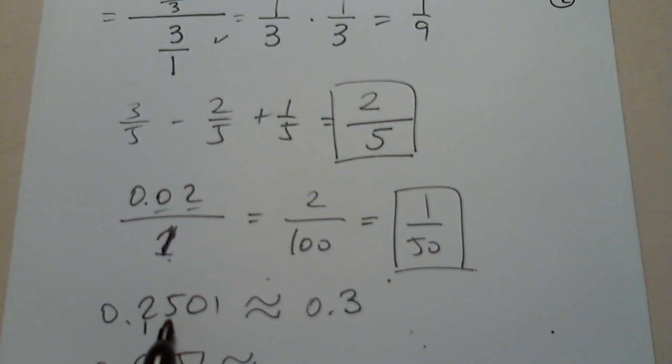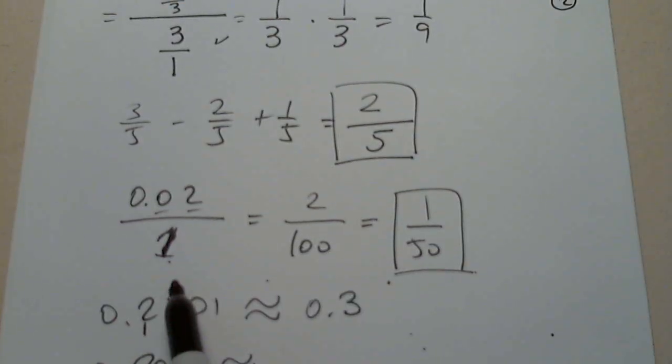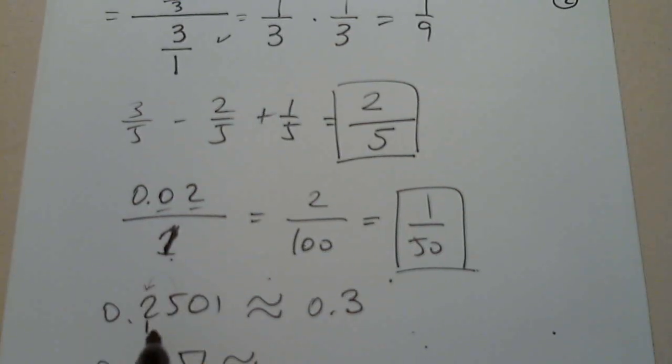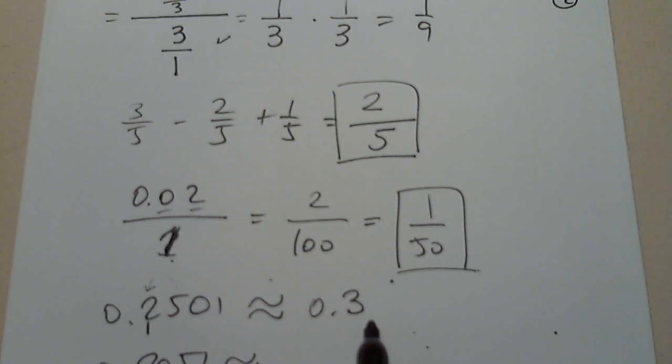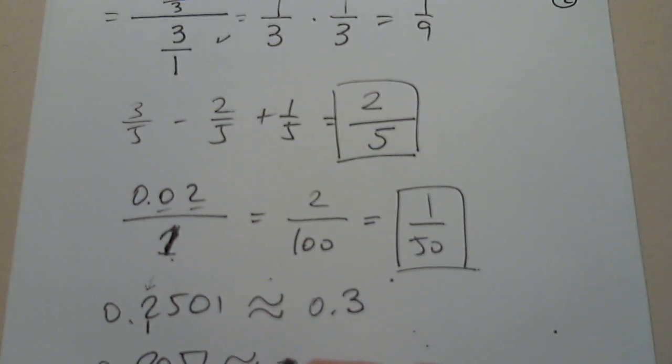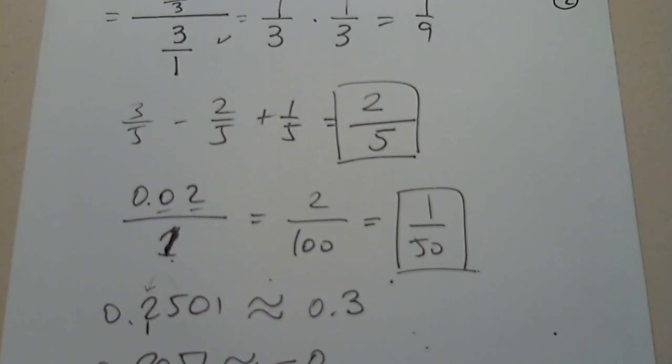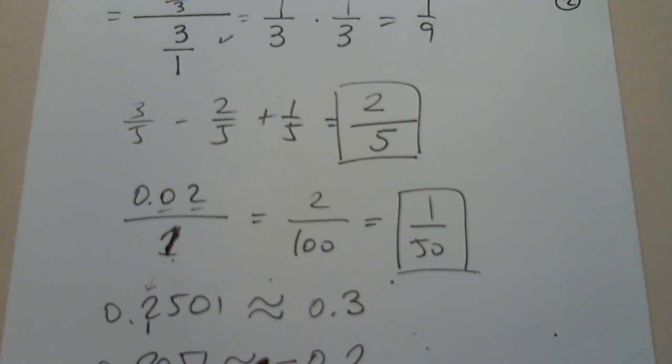So because the hundredths digit is 5 or more, we have to increase the digit prior by 1. What about the second one? Negative point 2. That's it. Because the following digit, which is the hundredths spot, is lower than 5: 0, 1, 2, 3, or 4. Therefore, that's the correct answer.